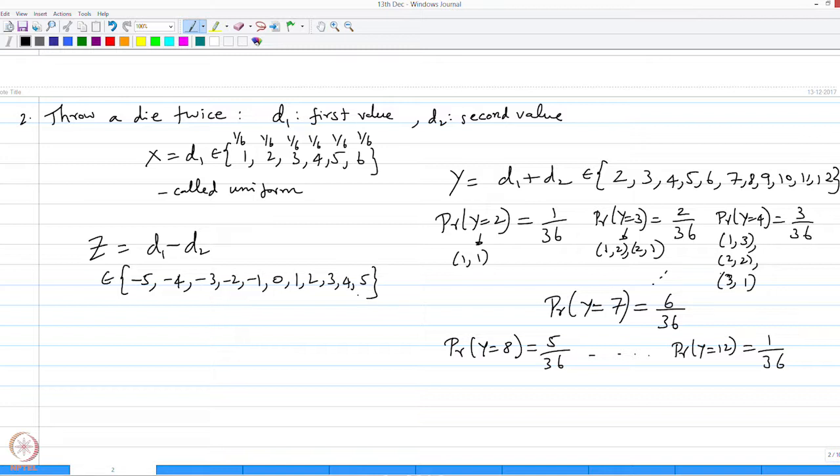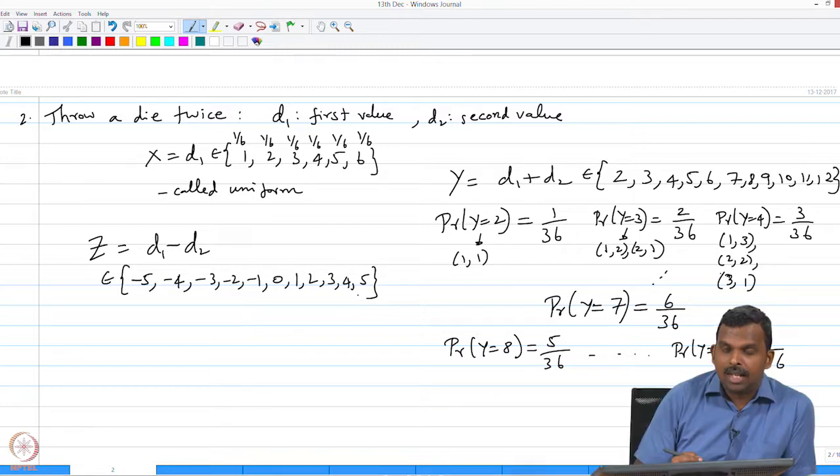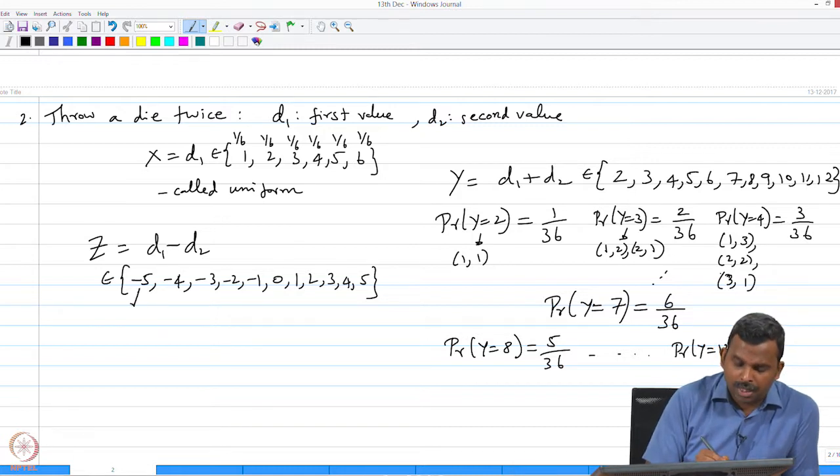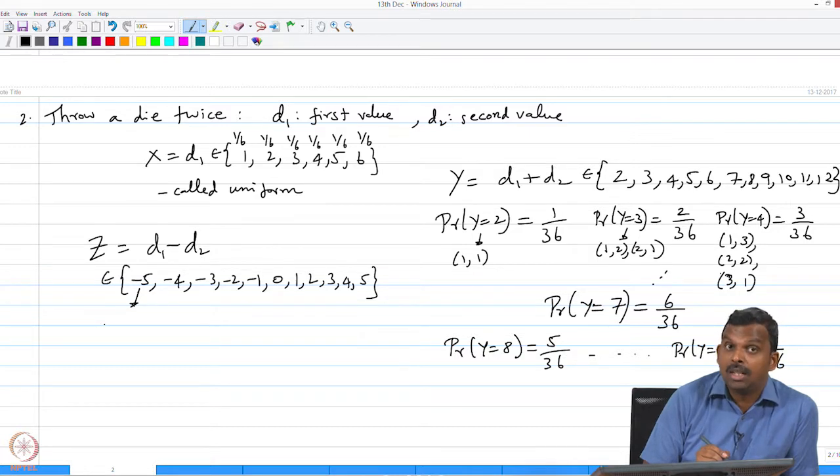These are the possibilities and in fact, if you think about it very carefully, you will have a very similar distribution to the sum for the difference also. So, what will be the probability of minus 5? The first toss has to be 1, the second toss has to be 6. So, that is just 1 out of 36 possibilities.